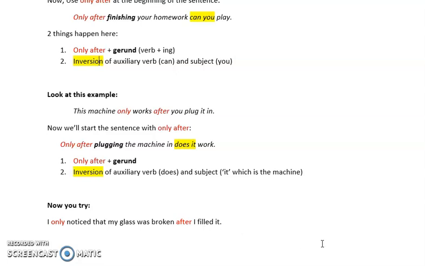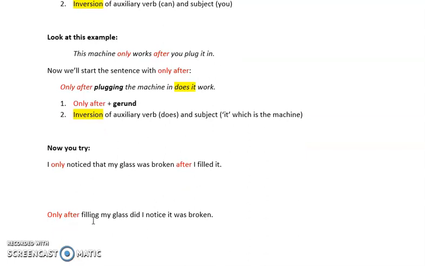What would the inversion of this sentence be? Okay, so let's remember when we use only after, I need to use my gerund. And my gerund, I'm going to use the verb that I have. So let's see what the answer is.